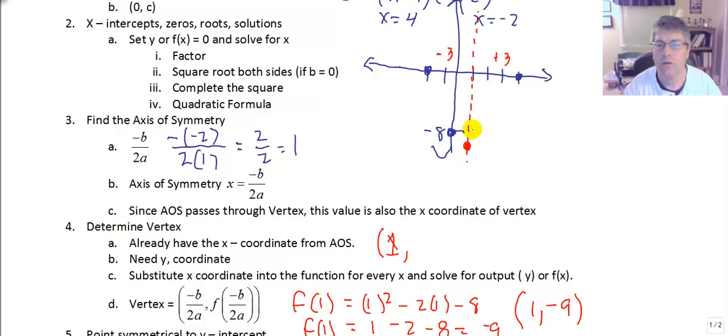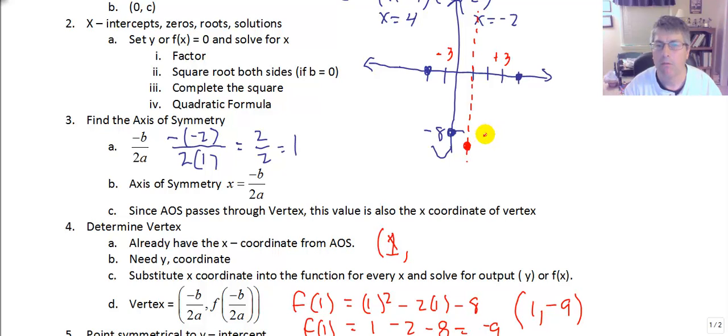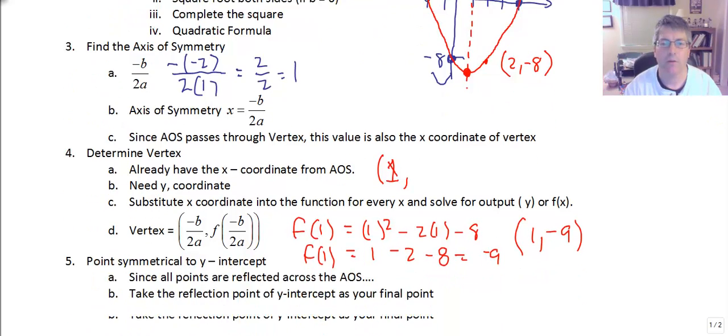We're 1 unit away, so we only need to go 1 more unit to the right, still at negative 8, and that point is at 2, negative 8. So that is our symmetrical point. So we can graph our parabola to the right of our axis of symmetry and to the left of our axis of symmetry, and there you go.